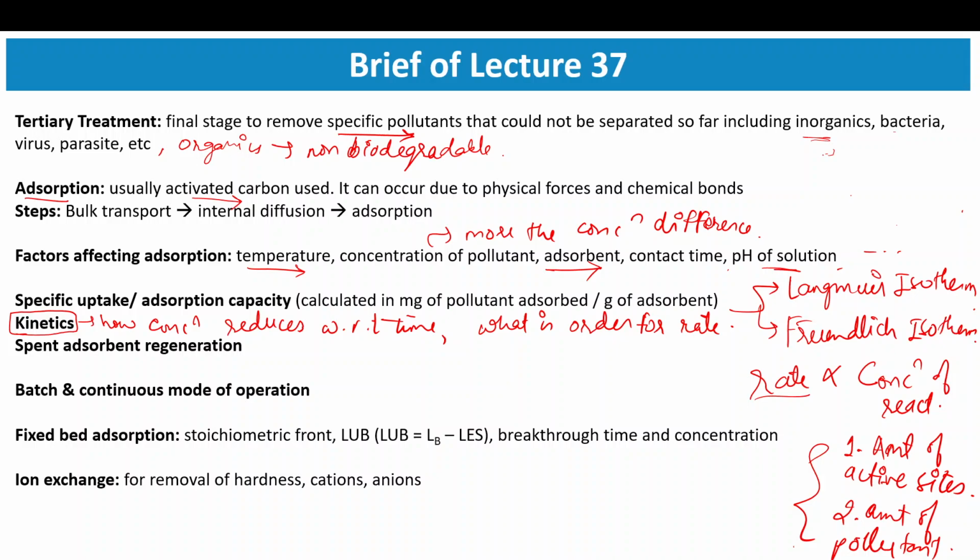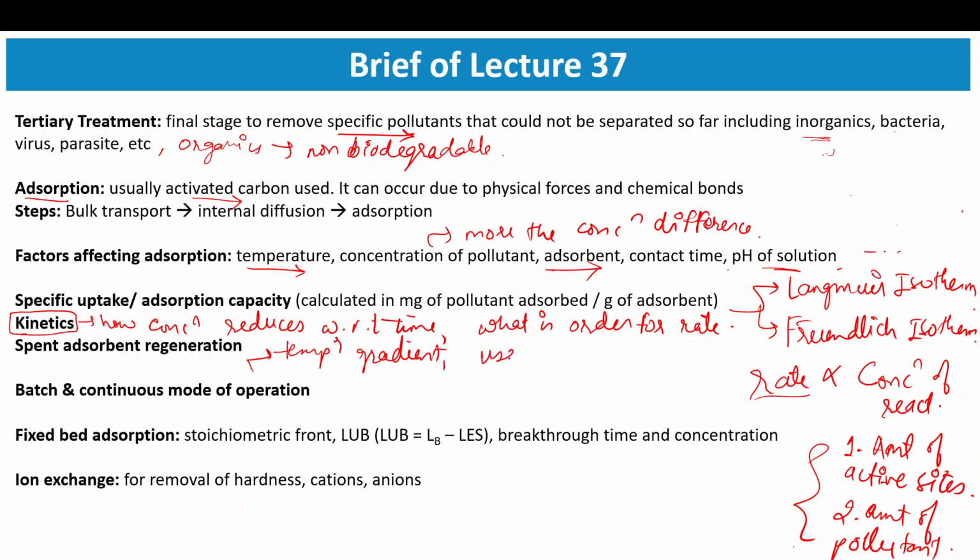The cost is involved in terms of using new adsorbent, and further you need to send the used adsorbent to landfill sites, which also requires some cost for disposal. So it is better to regenerate the adsorbent, which can be done through either temperature variation or temperature gradient.